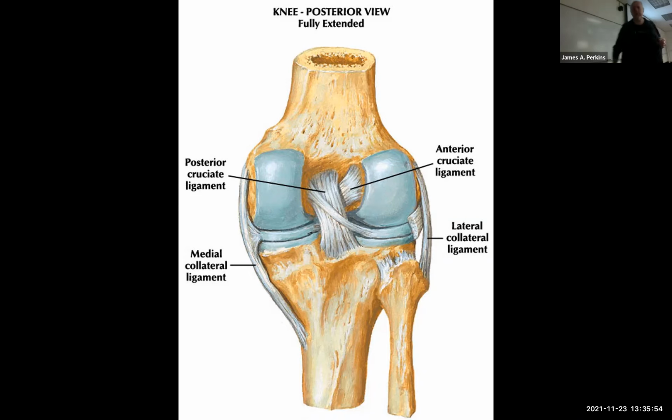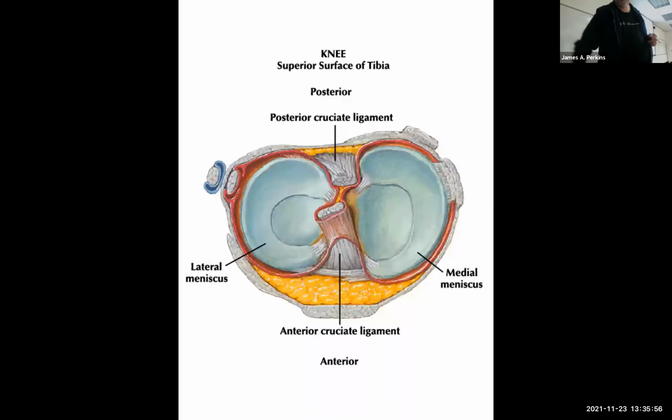And then the final picture of the knee, with the knee joint completely cut open, the femur removed, looking down on the top surface of the tibia. You get a better view now of the shape of the medial and lateral meniscus. And you can see that each meniscus is a big C shape.